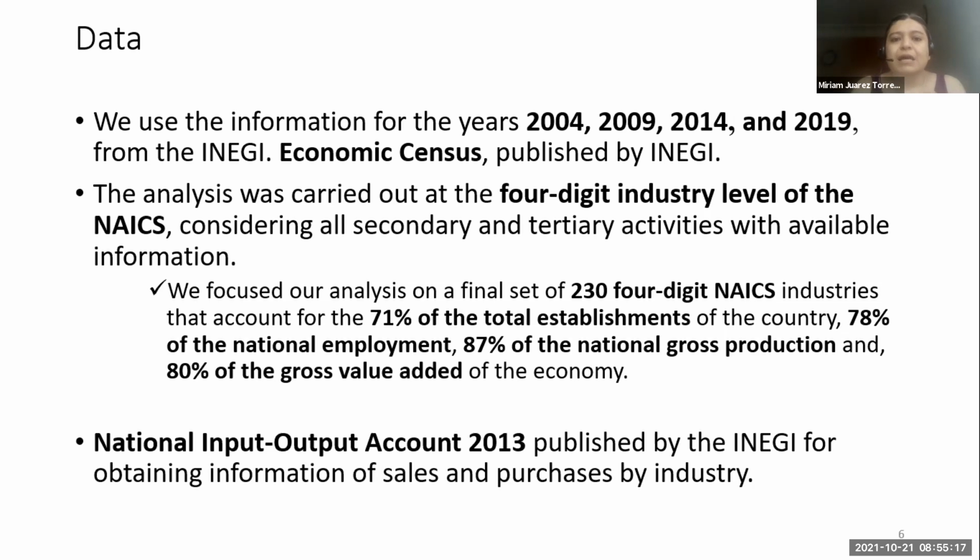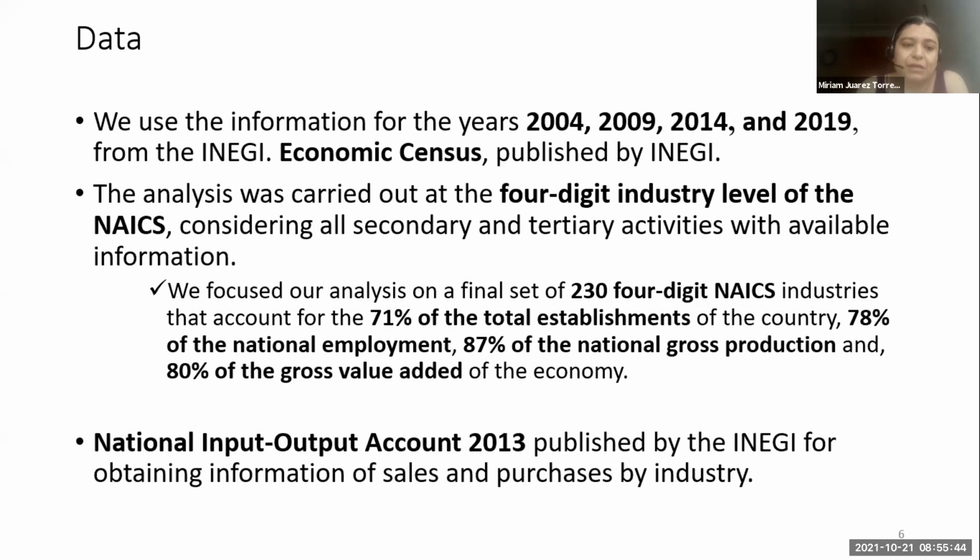The analysis was carried out at the 4-digit industry level from the NAICS, and we considered 230 industries that account for about 80% of the gross value added. We also use the National Input-Output Account published by INEGI, the National Institute for Statistics and Geography.